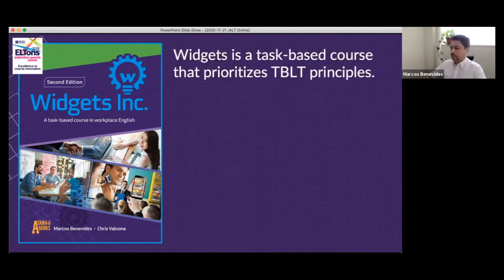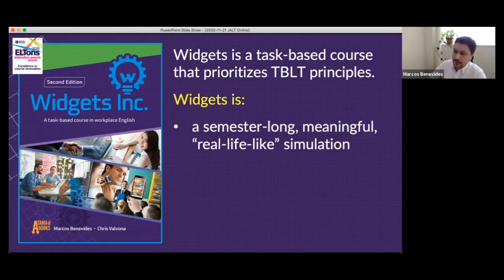So to give you in a nutshell how it is a TBLT book, Widgets is a task-based course that prioritizes task-based principles. And that means that in our case, it's a themed course, which means that it's a semester-long, meaningful and real-life-like simulation.